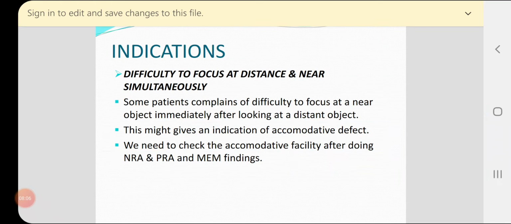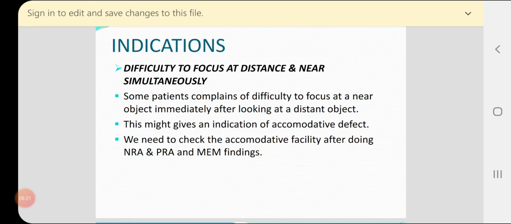So if you look at the far, that is your far distance. If you look at the computer, that is your intermediate, and if you look at your near, that is your near distance. So if you have difficulty while looking at a computer, or if you feel difficulty to focus something at distance, that is your difficulty to focus at distance and near simultaneously. Matlab means at the same time.